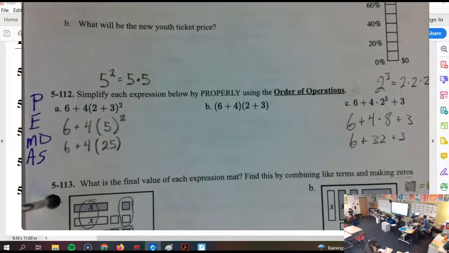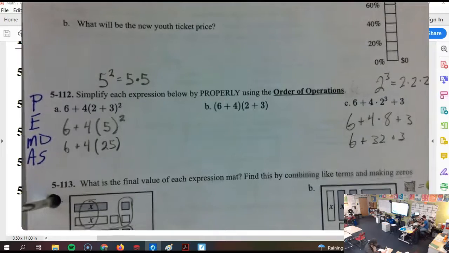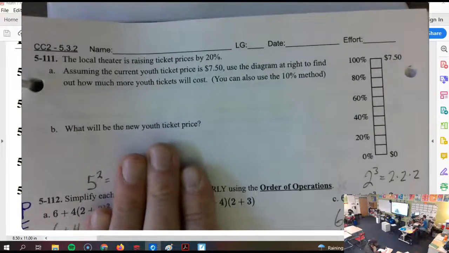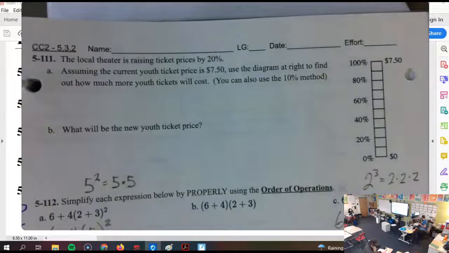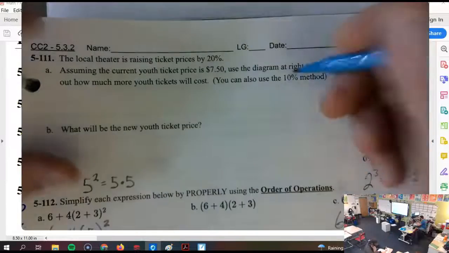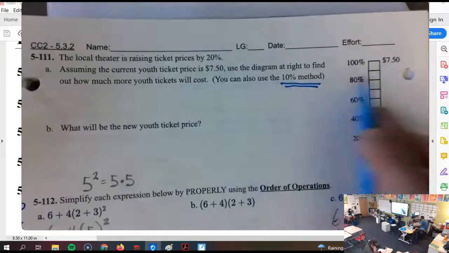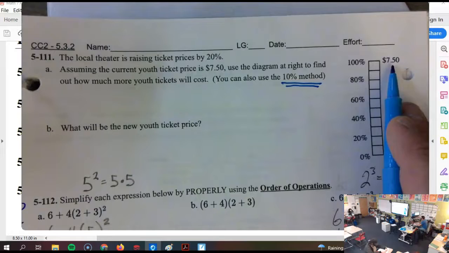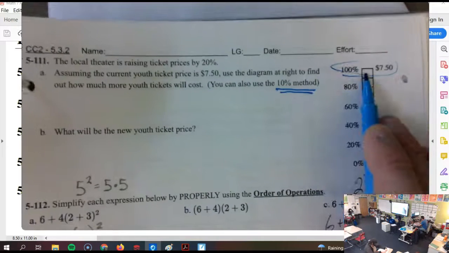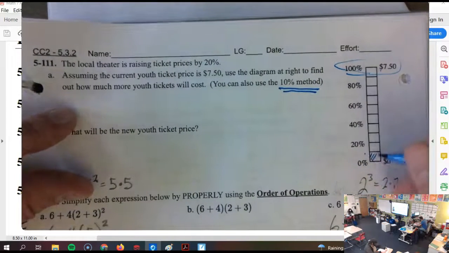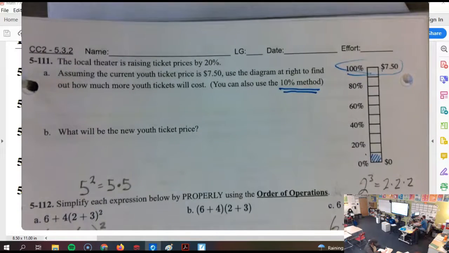Aiden? 5 times 11, 111b. So we talked about this one yesterday as well, but I did it a different way yesterday, so I might as well go ahead and throw some credit to Mr. Meineke back there and do the Meineke method. So if I take my ticket price of $7.50, which is 100%, and try to find 10%, which would be down here, it'd be this one box, I divide by 10, right?